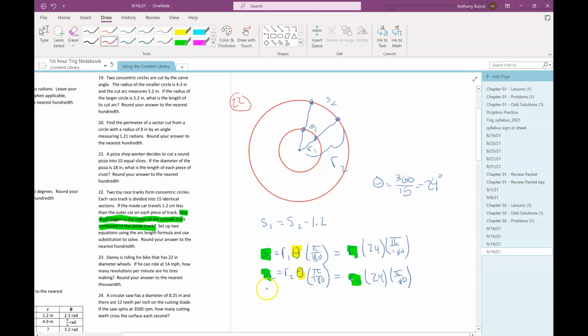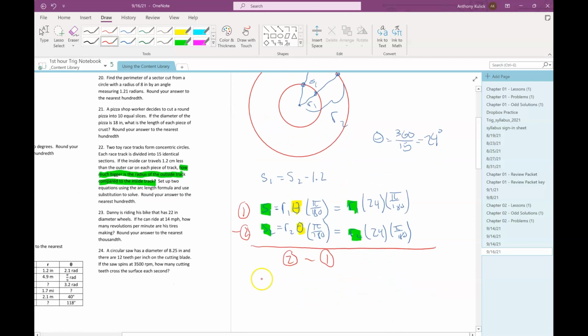So what I'm going to do is subtract these 2 equations, subtracting equation 1 from equation 2. When I do that, on the left side I have S2 minus S1, and on the right side I have R2 times 24 pi over 180 minus R1 times 24 pi over 180.